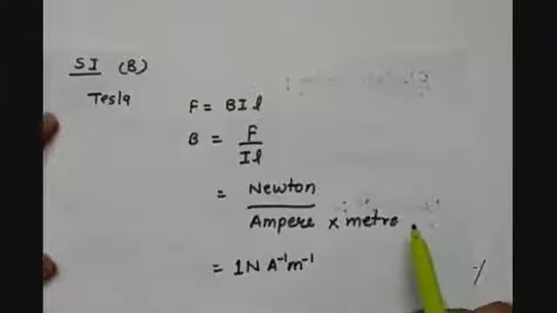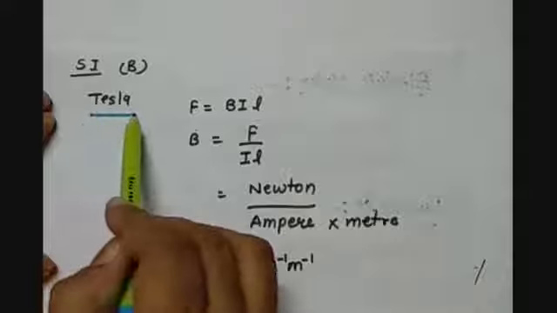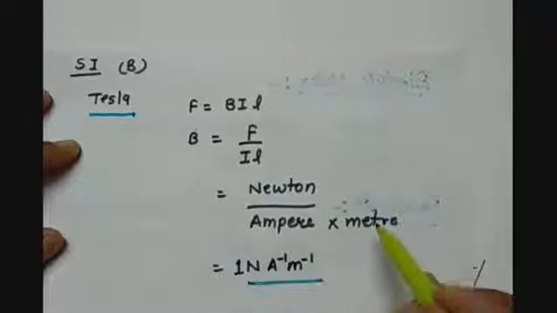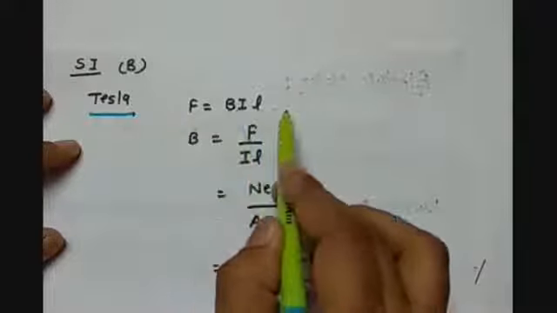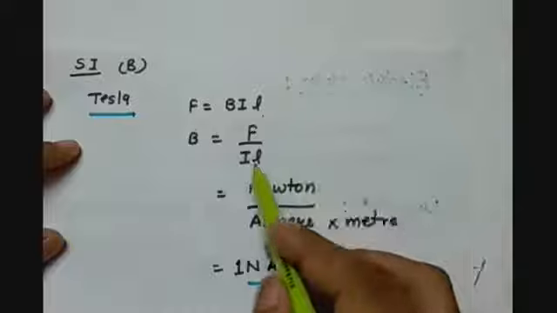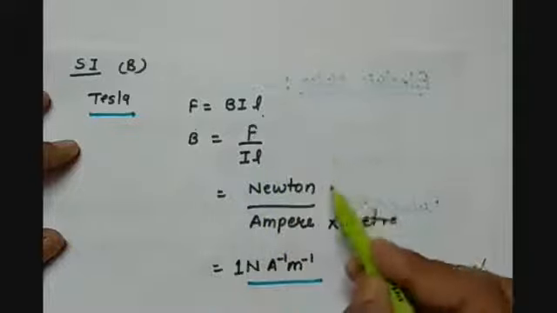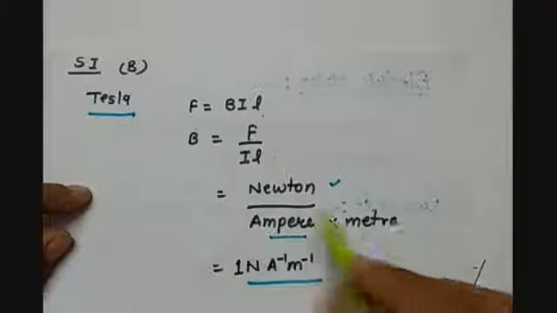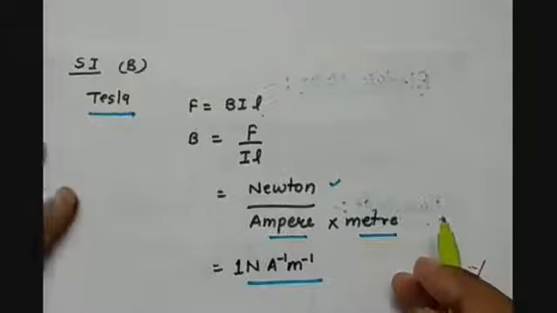The SI unit of the magnetic field strength is Tesla. We can also find the dimensions, as we have F equals B I L, so B becomes F by I into L. Force is in Newton, I in ampere, and length is measured in meter in SI units.